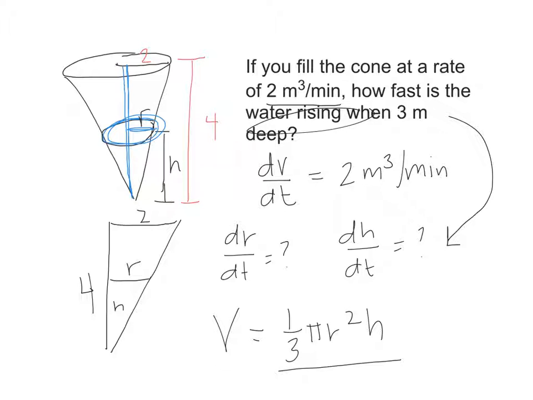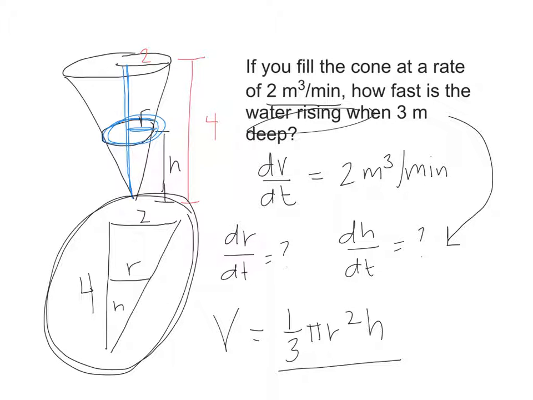But I also know that I can relate R and H to each other by this similar triangle. So when I find the dV by dt, I'm going to have dr by dt and dH by dt, which I don't know. In fact, I'm looking for dH by dt as the answer to my problem, but I can relate how they're responding to each other through those similar triangles proportions.